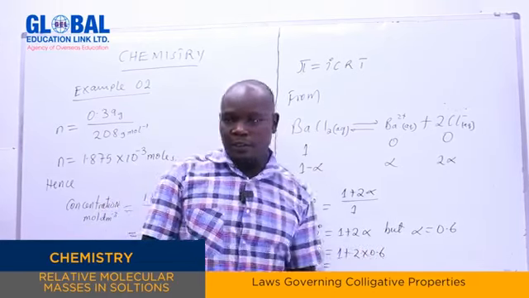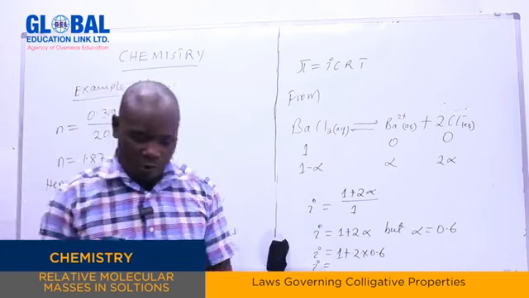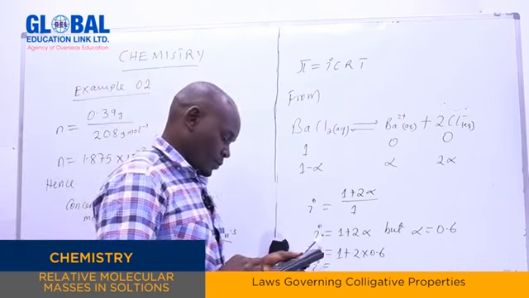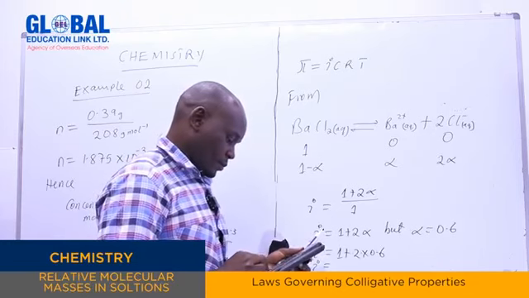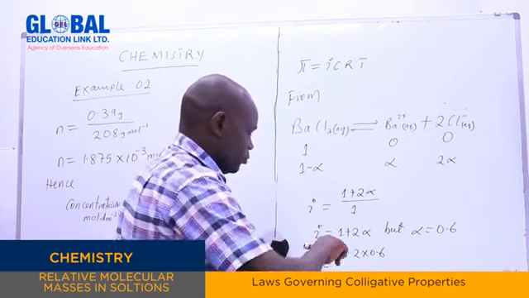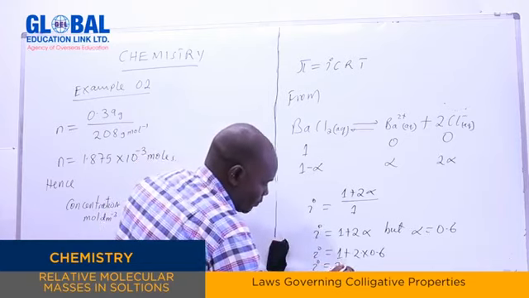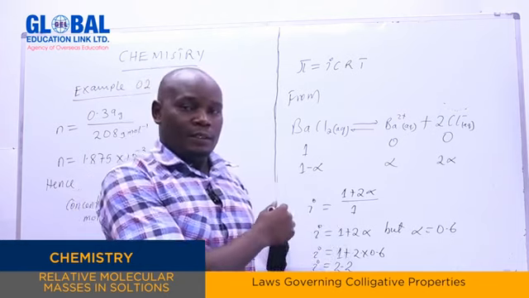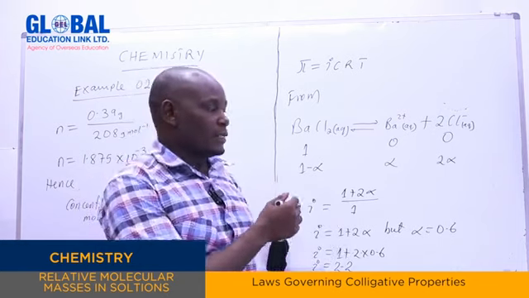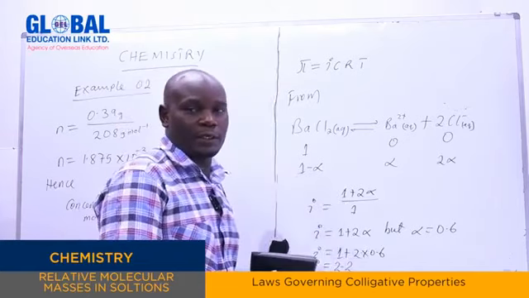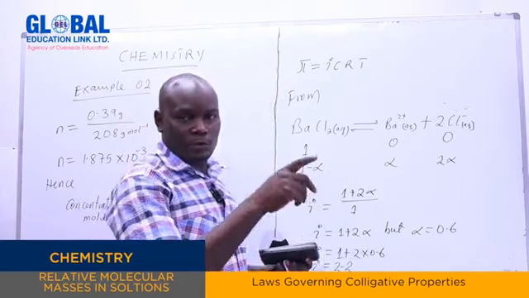Now, if you calculate using your calculator, I'm sure you'll also get 2.2. So that is our Van 't Hoff's factor. That now we can go back to our equation for determination of osmotic pressure that you have been asked.